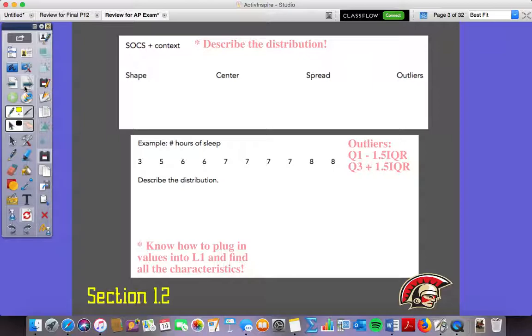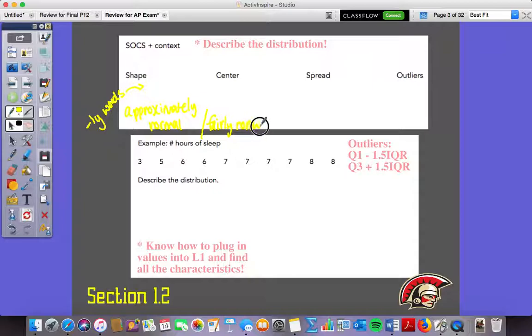One thing to remember to use on any of these is to make sure you use -ly words, especially for shape. So if something is exactly normal, say that it's normal. But if it's approximately normal or fairly normal, we want to make sure we soften it with -ly words. So approximately normal or fairly normal.